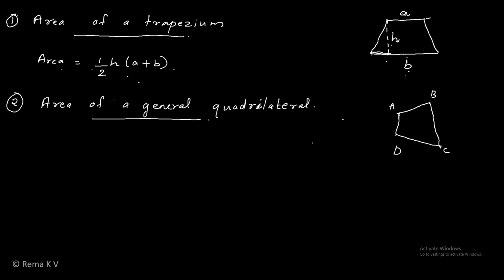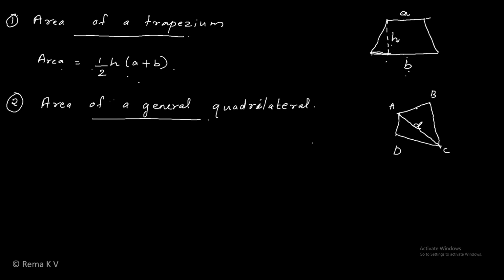A general quadrilateral ABCD is given here. We can divide this quadrilateral into two triangles by drawing a diagonal. We can draw a diagonal like this, and the quadrilateral is divided into two triangles, and let this diagonal be equal to D.